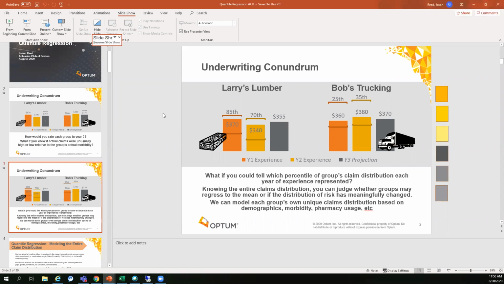Great, thank you. I have another question here. How much data do you really need to produce good quantile regression estimates of the health claims distribution? I guess more a question on practicality. Yeah, that's another good question. You need a huge amount of data to do this really effectively.